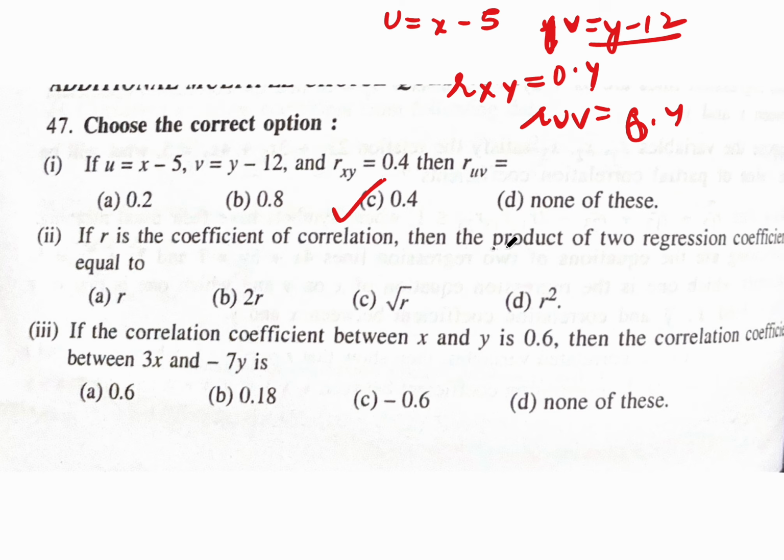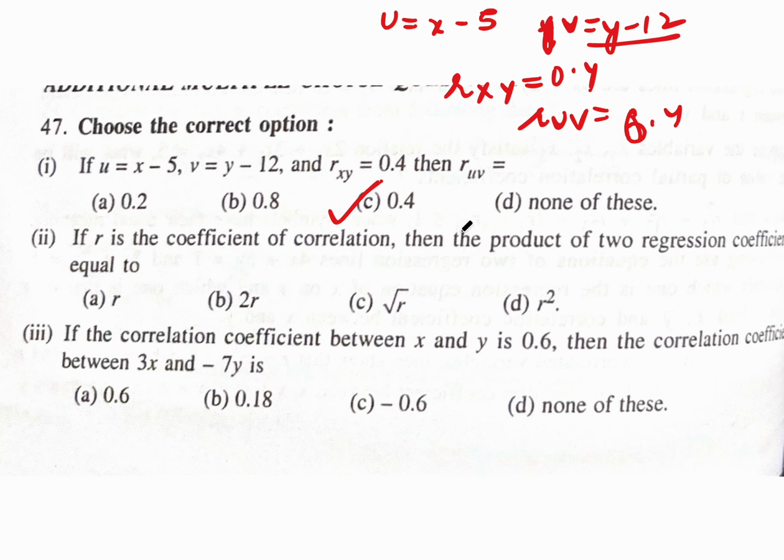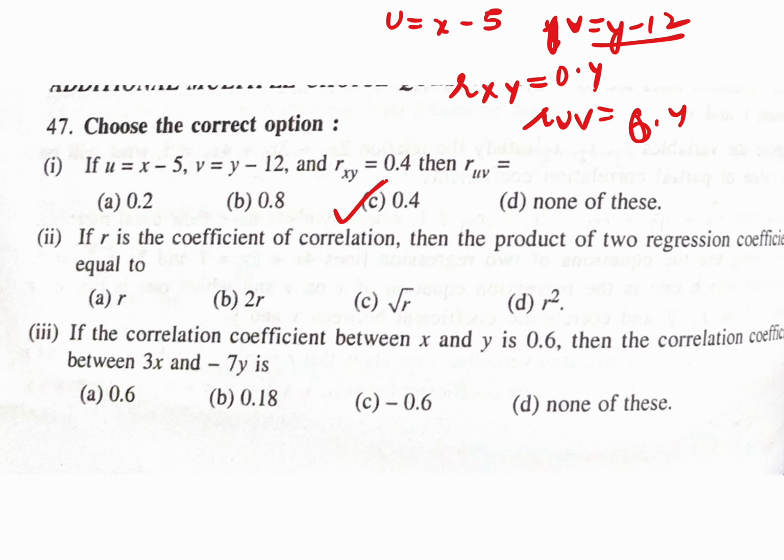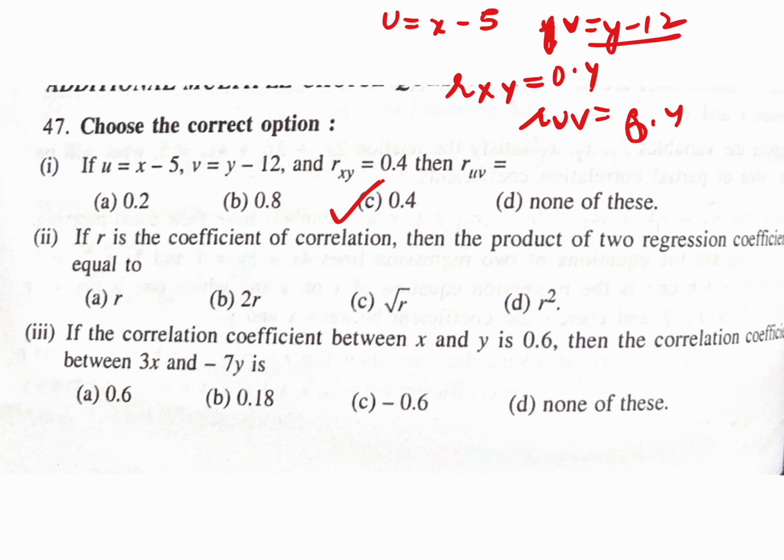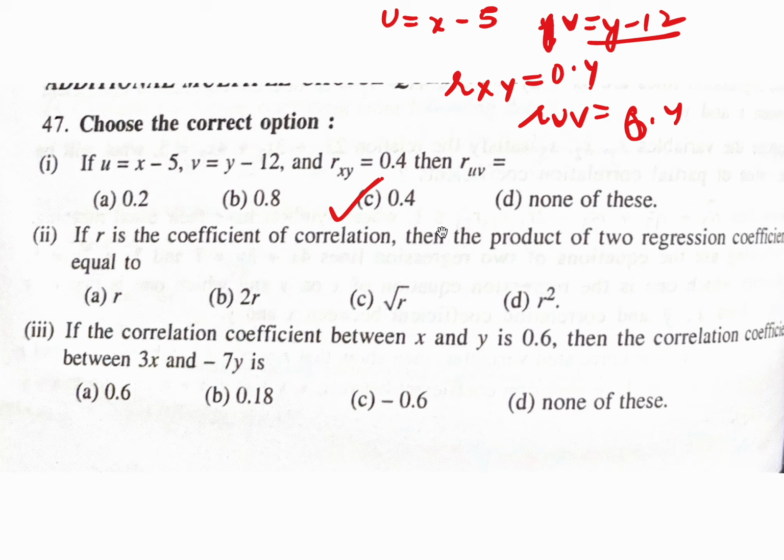If coefficient of correlation is R, then product of two regression coefficients is, okay.